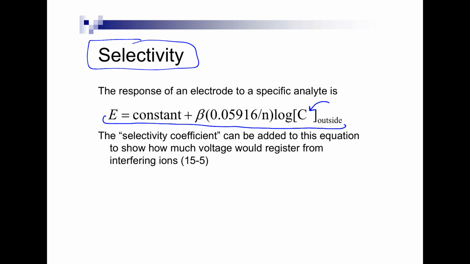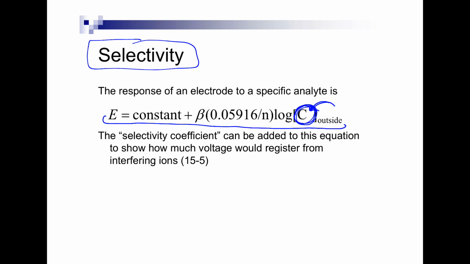And this equation basically says that it is only responsive to the change in this concentration. But sometimes your ion selective electrode isn't exactly selective for just one thing, and there are these things called interfering ions. And so if that happens, the interfering ions are masked, as they look like whatever analyte we're looking for, but they're actually different things.